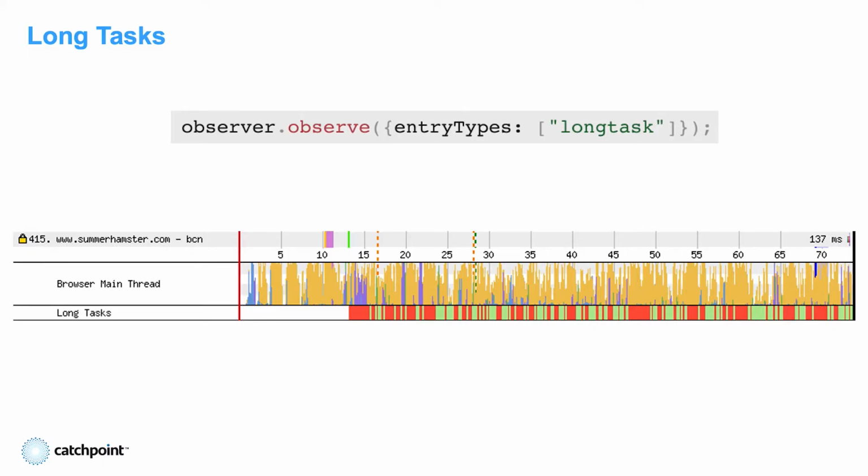One of the good things that did come out of that time to interactive janky main thread is the concept of long tasks that are also visible from JavaScript with a performance observer, where you can say, hey, tell me anytime the main thread is blocked for more than 50 milliseconds.